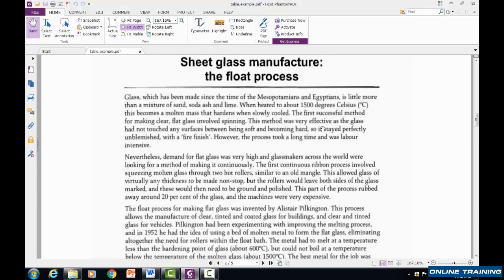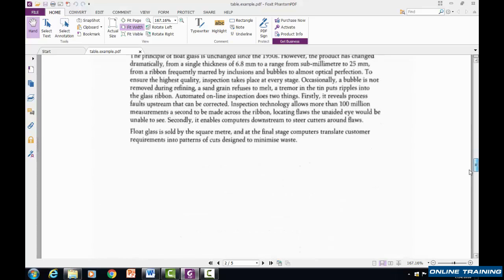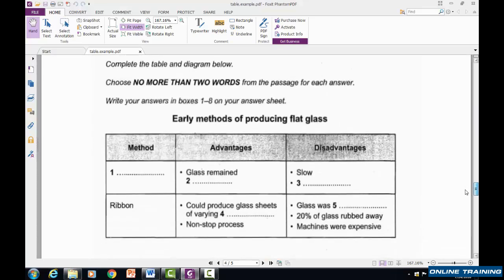This method was very effective as the glass had not touched any surfaces between being soft and becoming hard, so it stayed perfectly unblemished. All right, so our answer for number 2 is unblemished, right? Because of the word remained right here. Remember, I told you with fill-the-blank questions, pay attention to the word before the blank line.